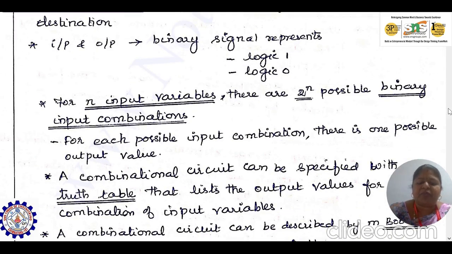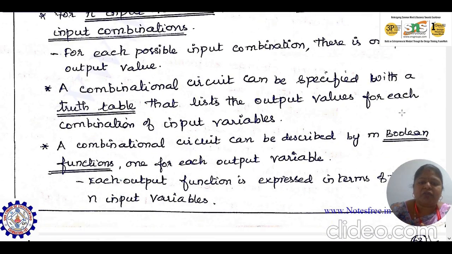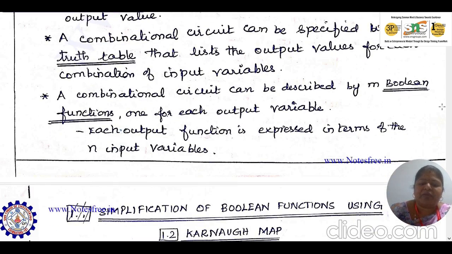For each possible input combination there is one possible output value. So a combinational circuit can be specified with a truth table that lists the output for each combination of input variables. A combinational circuit can be described by m Boolean functions, one for each output variable. Each output function is expressed in terms of the input variables.